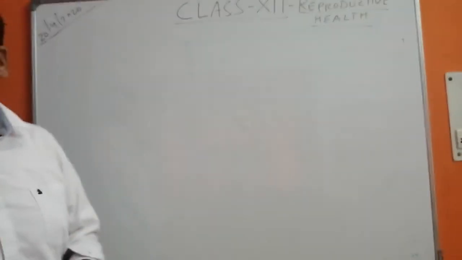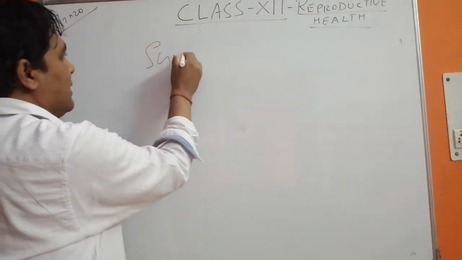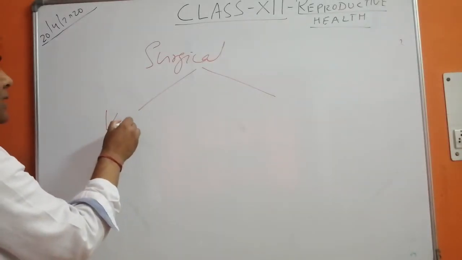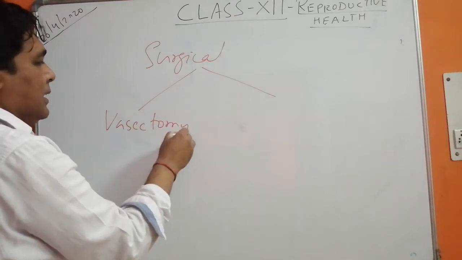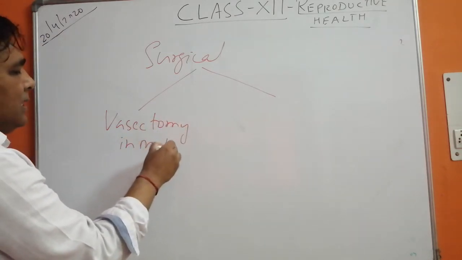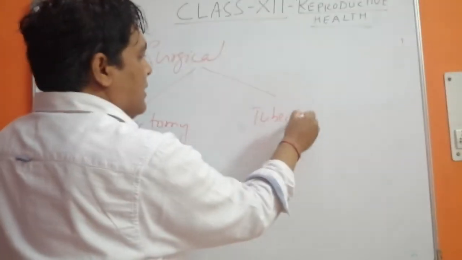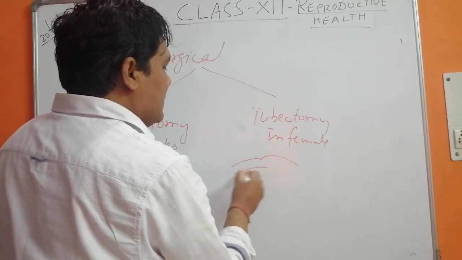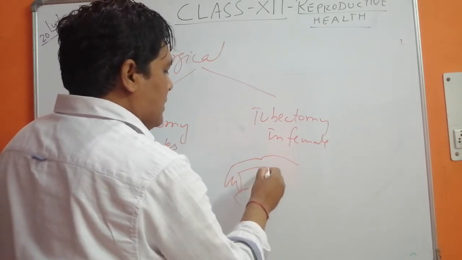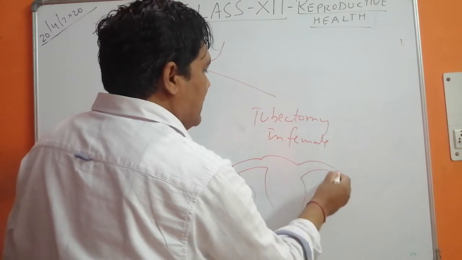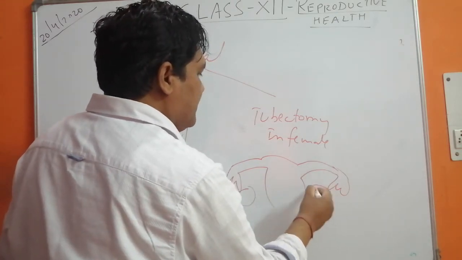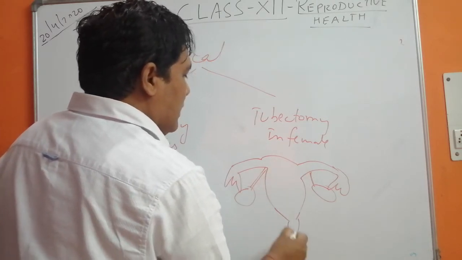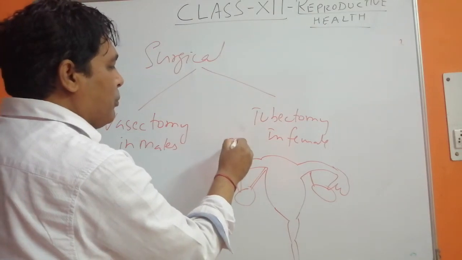Now children, there is another method, which is surgical. The surgical method is of two types: vasectomy in males and tubectomy in females. In tubectomy, this is the fallopian tube.